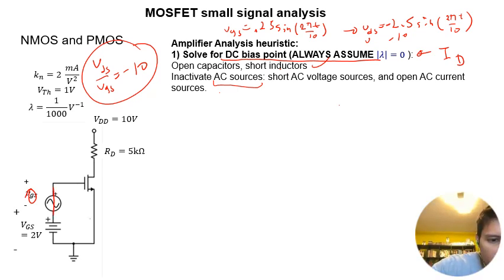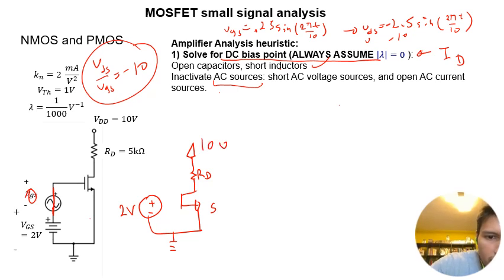And so that gives us a short. So our equivalent circuit will actually look something like this. Plus, minus 2 volts. We have a ground. We have our source terminal. And then we have our D. And then we have 10 volts. And then we have our gate.